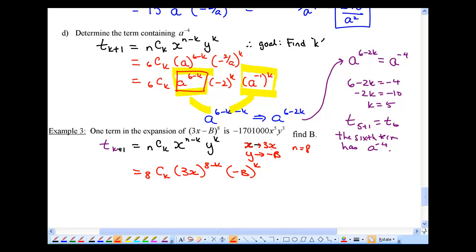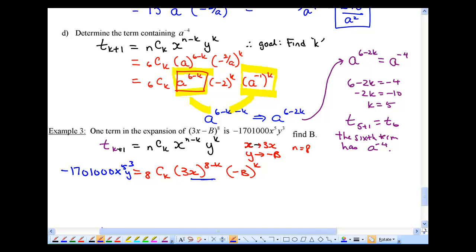Now, this is equal to what? Well, I guess it's equal to our term. So our term here is negative 1,701,000 x to the power of 5, y to the power of 3. X to the power of 5. Well, how do we get x to the power of 5 on the right-hand side? The only way you can do that is if the exponent related to the x is also 5.